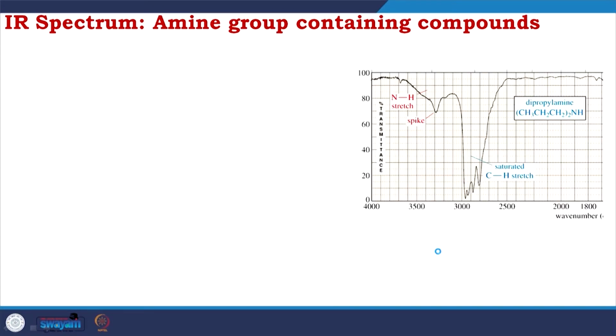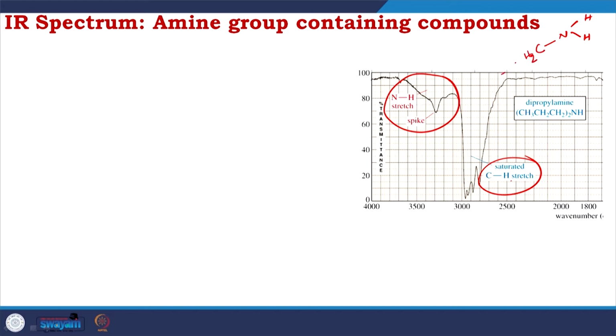Coming to amine group containing compounds. So, if you see amine, you now get the NH stretch in this region. You also get the saturated CH stretch because it comes with other carbons.